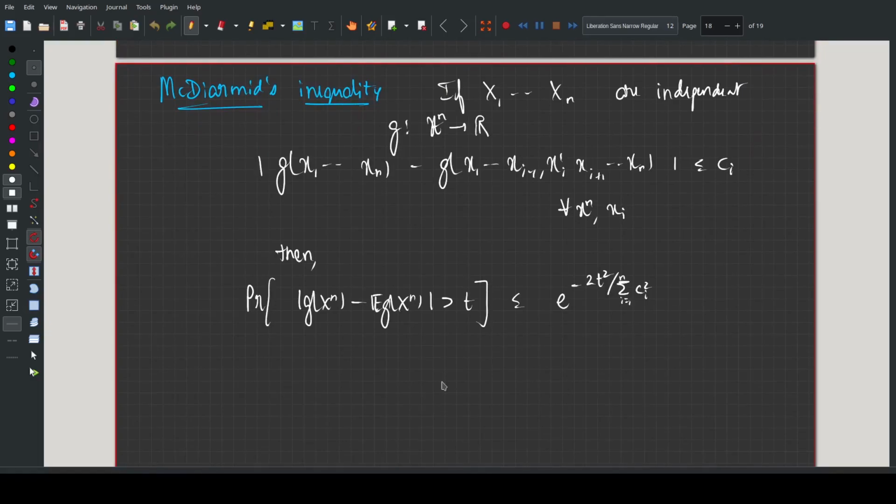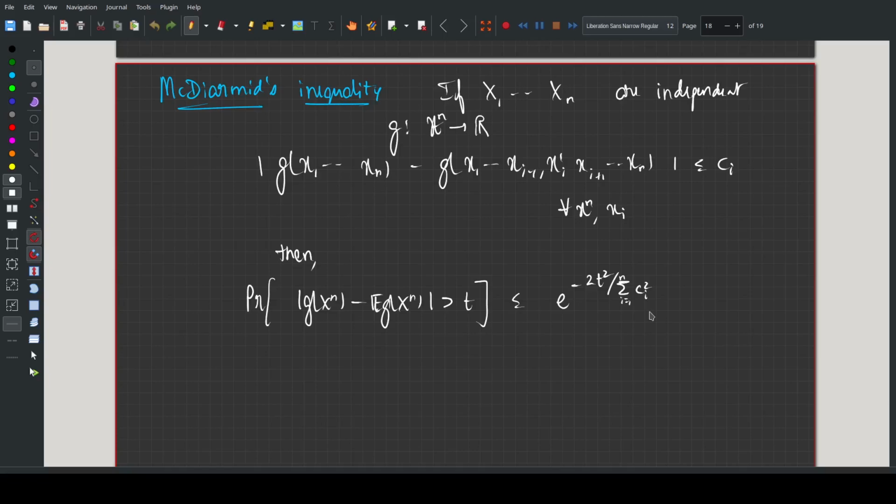McDiarmid's inequality essentially says that if g is such that changing one of the variables does not influence the value of the function g by too much, then we can obtain an exponential tail bound on g of x.